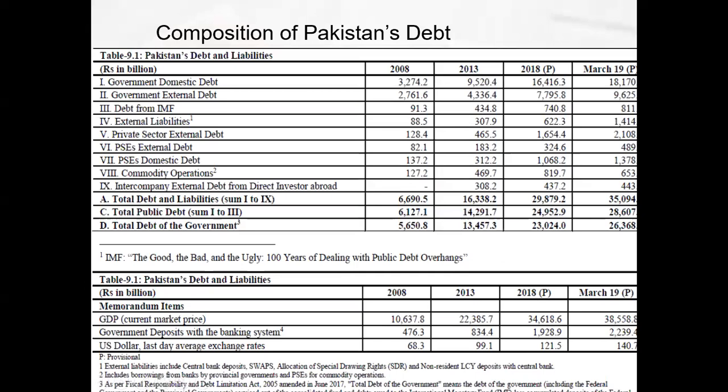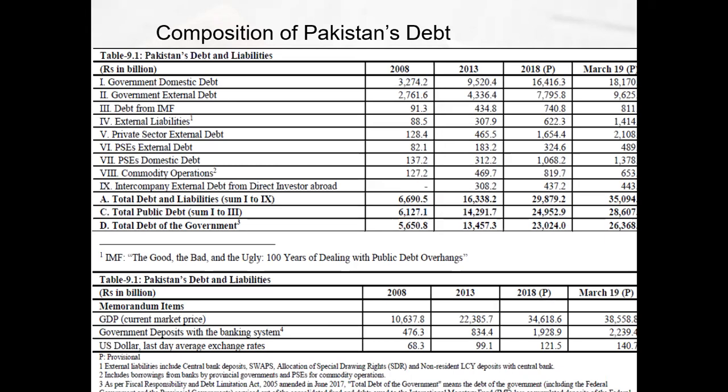This is the composition of Pakistani debt, where you can see the government domestic debt, external debt, debt from IMF, external liability, private sector external debt, and total debt, which is a sum of the heads 1 to 9.